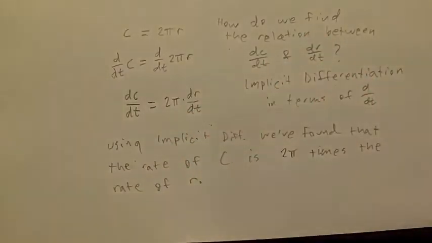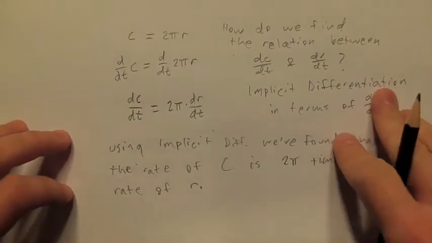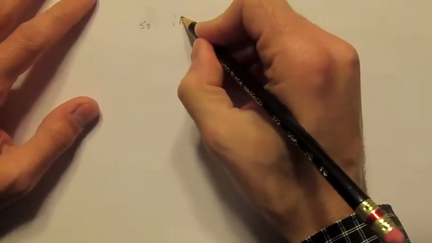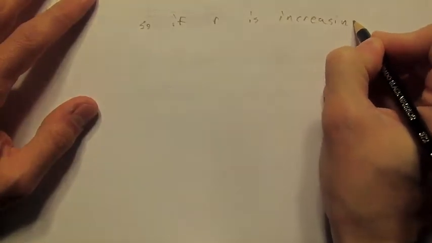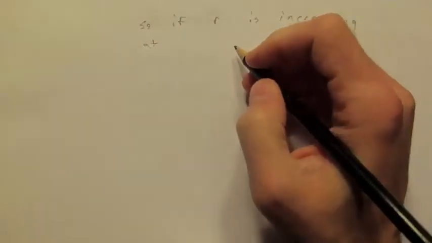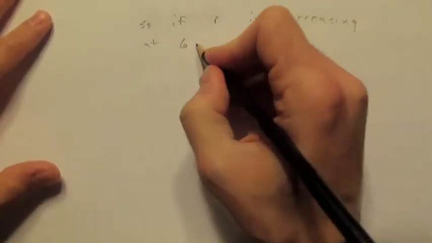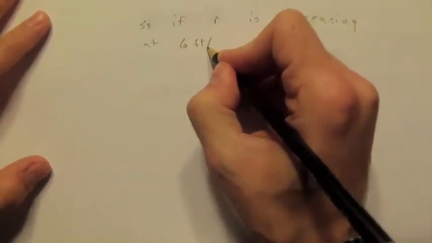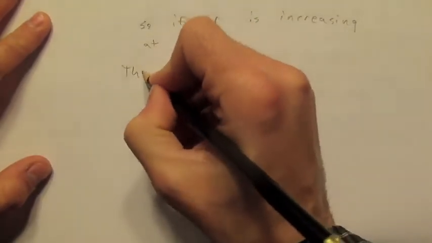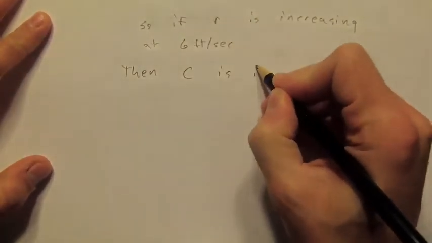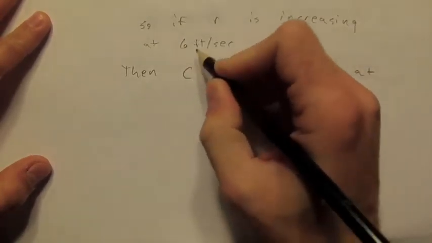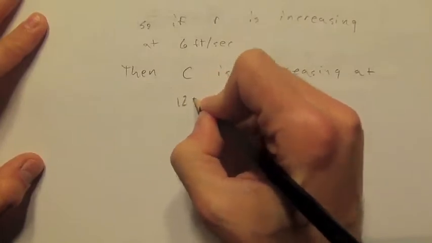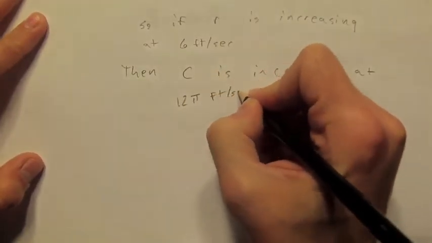Okay. So what this basically means is that if r is increasing at, I don't know, 6 feet per second, then c is increasing at 2 pi times 6, so at 12 pi feet per second.